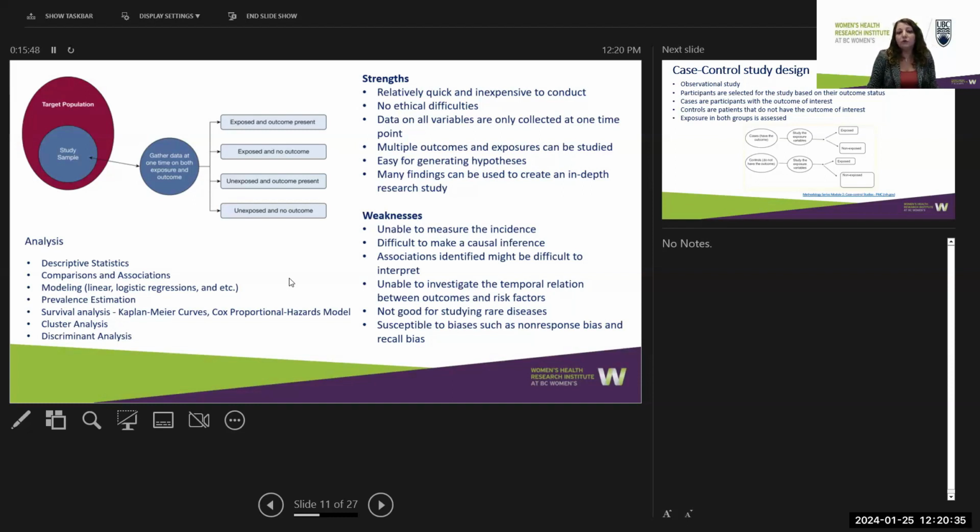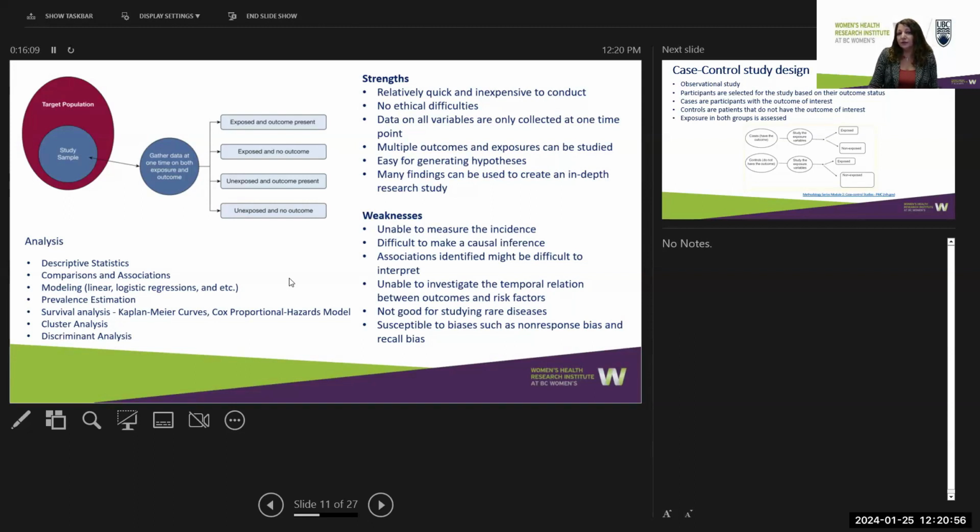It's difficult to make causal inferences from a cross-sectional design, but actually it's very hard to do from all observational studies, and I'm going to talk about it a bit later. It's sometimes hard to identify the association between outcome, exposure, and possible covariates.